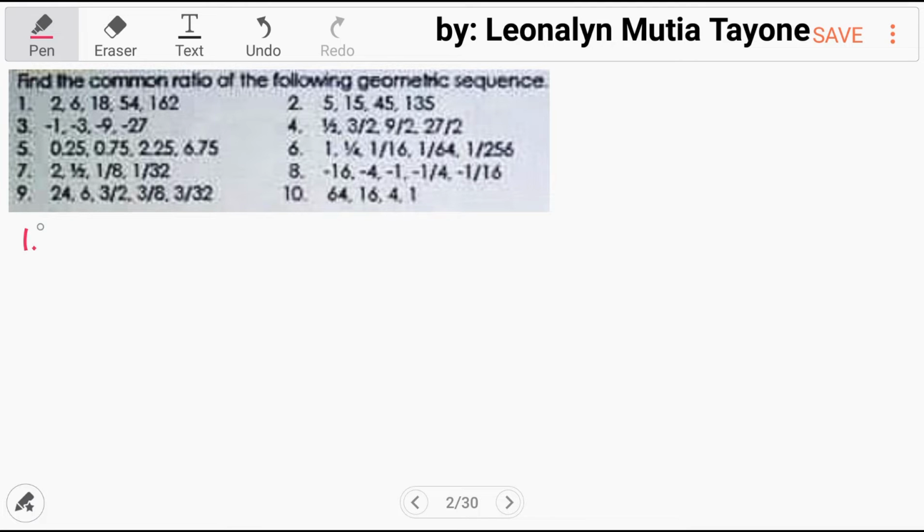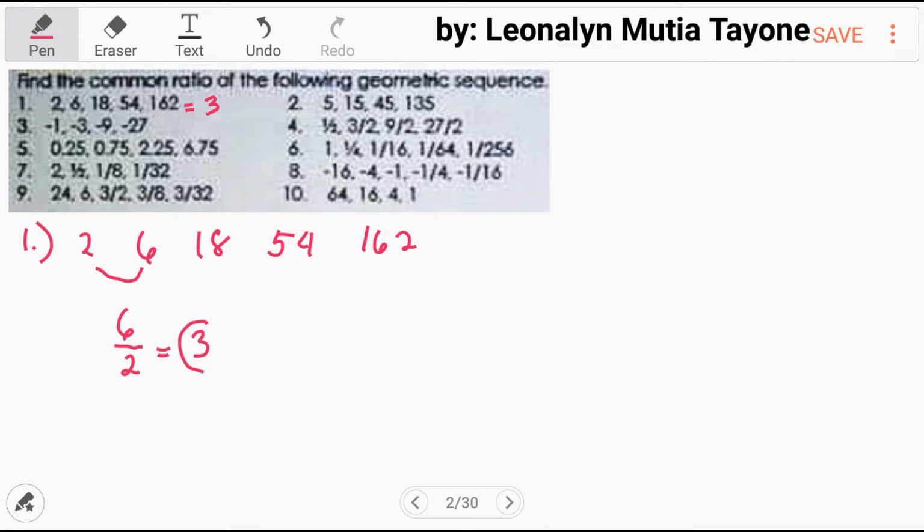Dito sa number 1, this is 2, 6, 18, 54, 162. I-divide natin ito. 6 divided by 2, and that is 3. So therefore, ang common ratio dito sa number 1 ay 3.